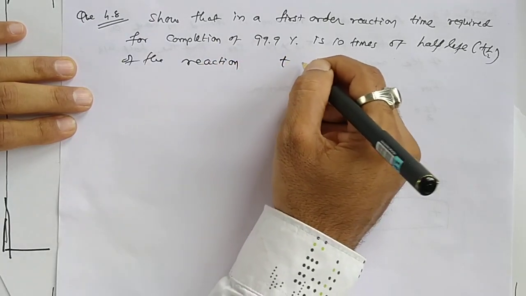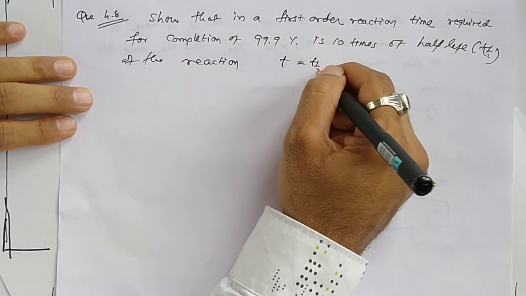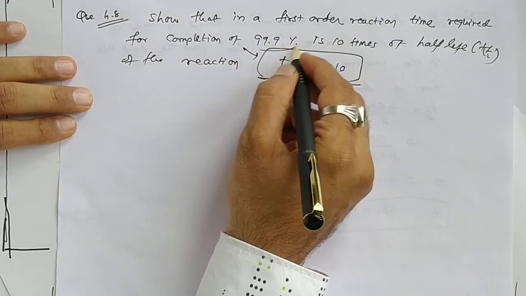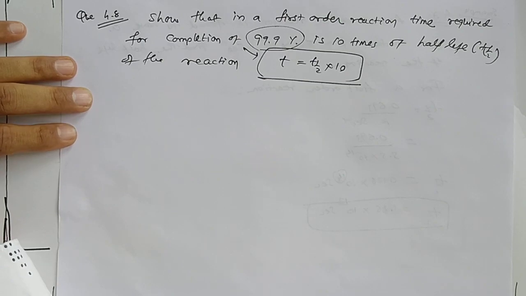We have to prove T is equal to T1/2 into 10 after 99.9% completion.